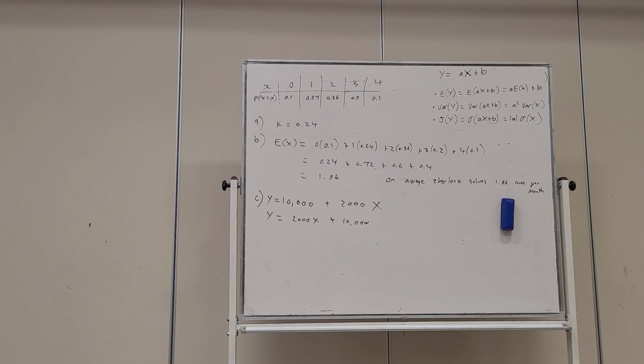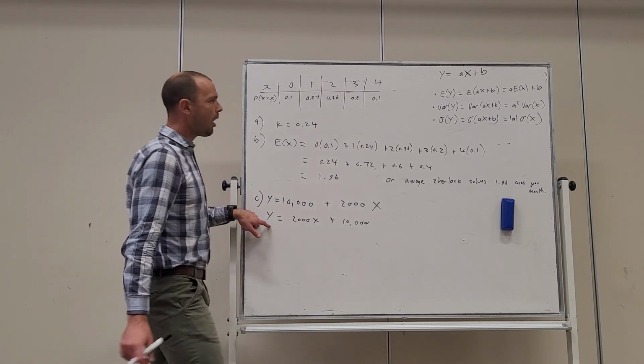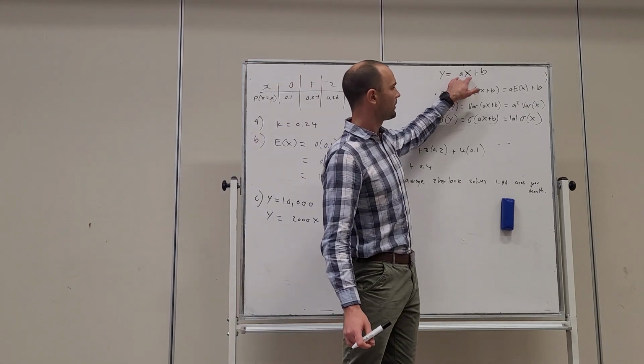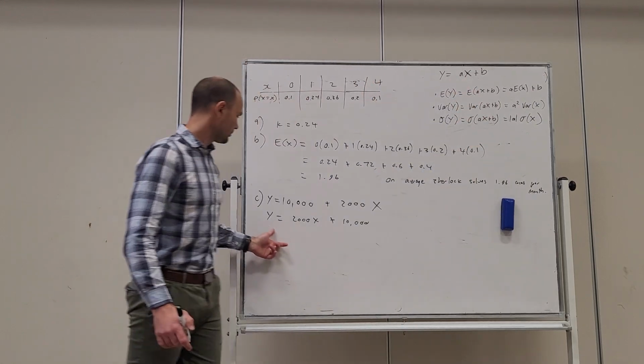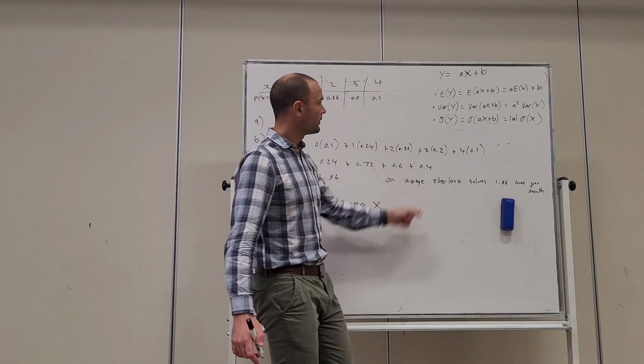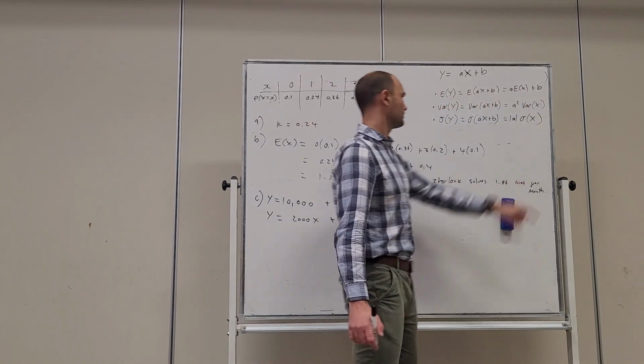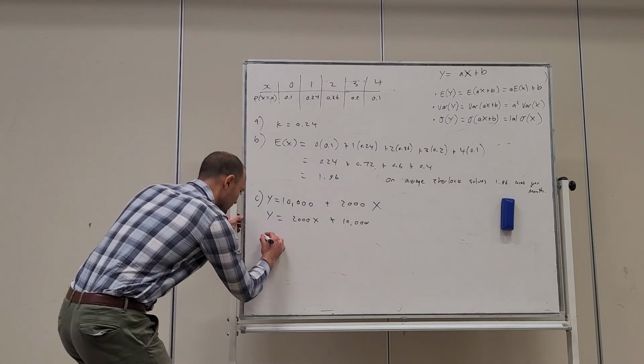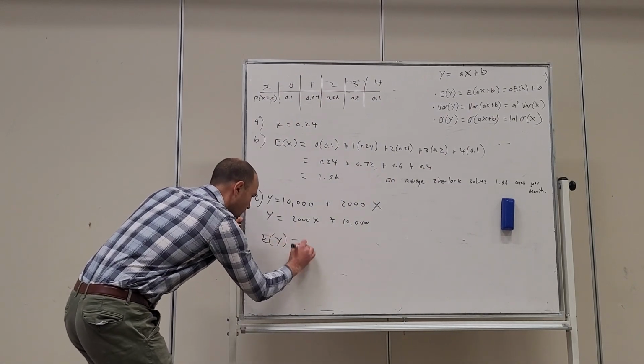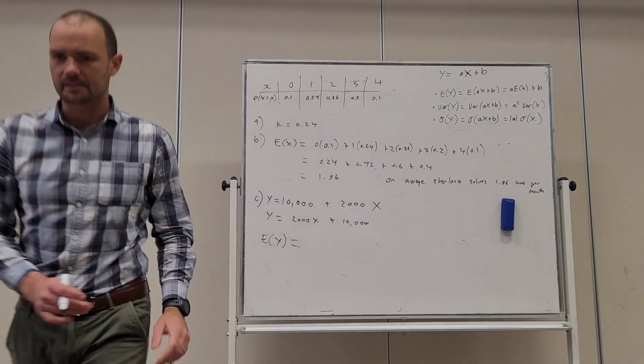Okay, now find E of Y and explain its meaning. Well, Y is a direct relationship with X, right? So if this is Y, then the expected value of Y is going to be A times the expected value of X plus B. So let's write that out. The expected value of Y, now is this part C or D?